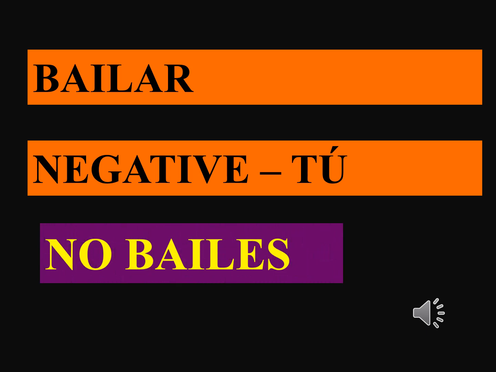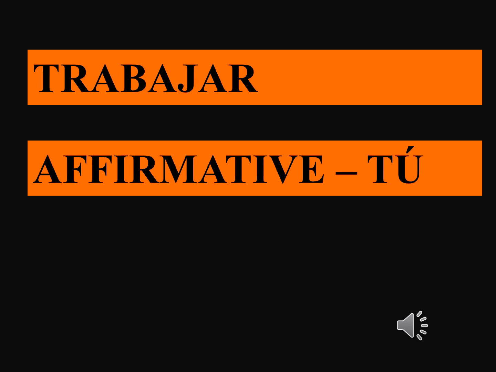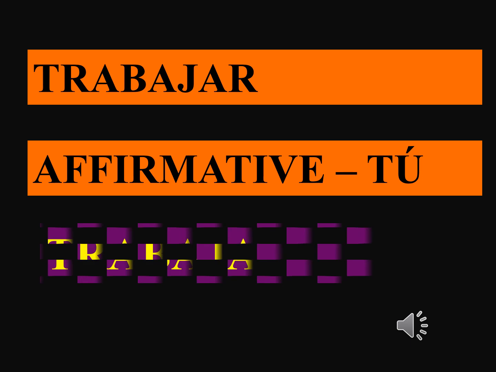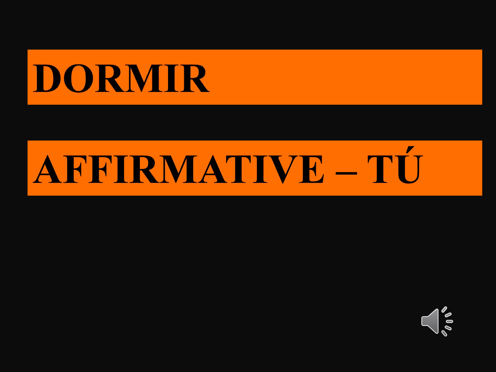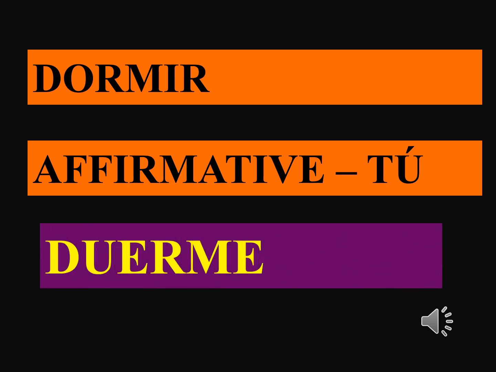No bailes. Trabaja. Dormir is an O to UE stem changer. So now we're not talking about the endings, we're talking about the stem of the verb changing. It still obeys the ending rule for commands, even though the stem is also changing.